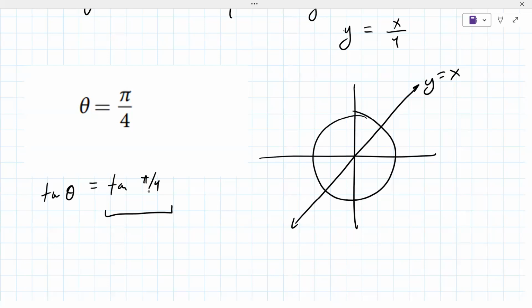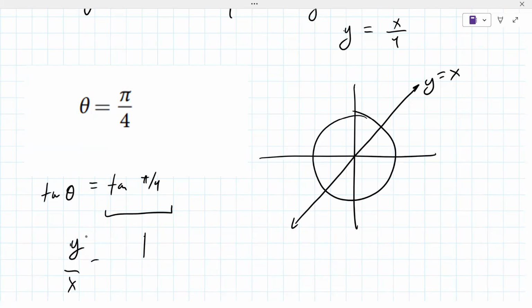One. And then what's tangent of theta in terms of y and x? y over x.